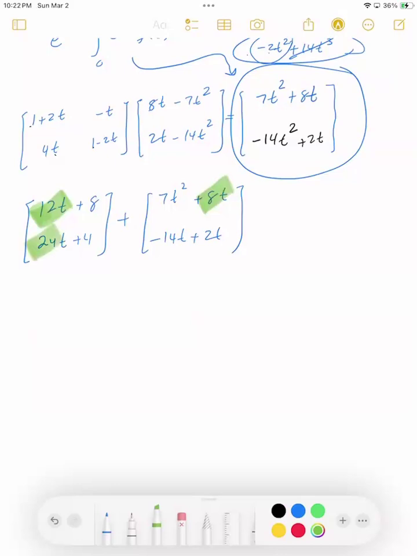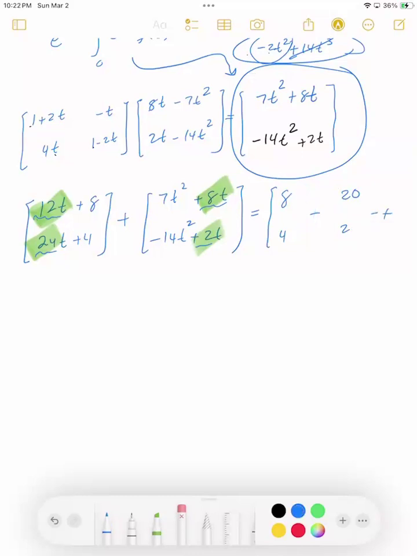And these two are like terms. This is minus 14t squared. So 12 and 8 is going to be 20. Let me just write my constant ones. This is 8 and 4 plus. Then I'm going to add 12 and 8, which is 20. Then I'm adding 24 and 2, which is 26. And that is a t. Plus.